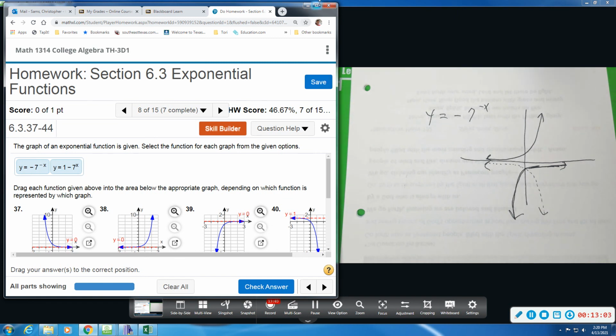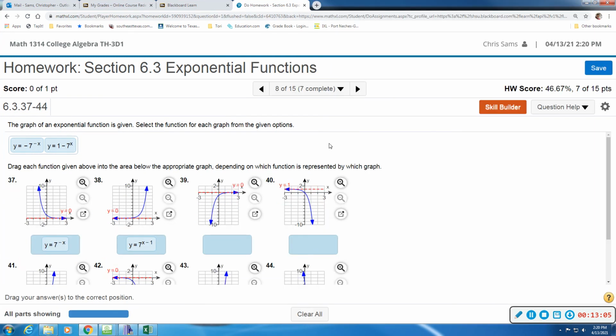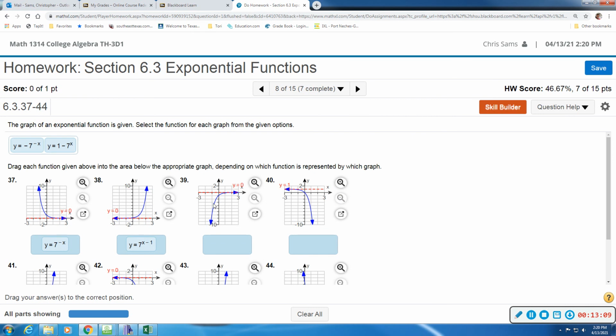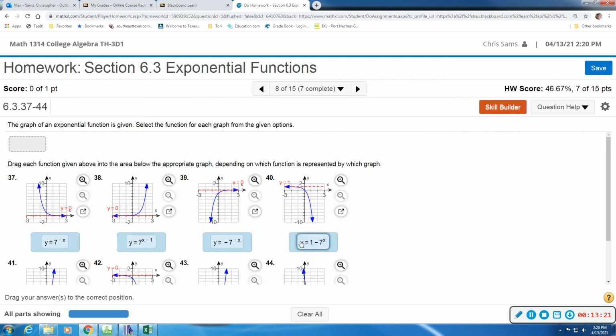The graph that matches that image, which is going down from that side, looks like 39. And the other one just flips it across, with the shift that goes up 1 because of that positive 1. So that one would match this one.